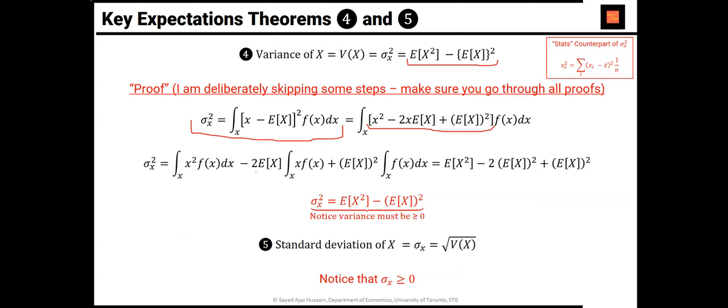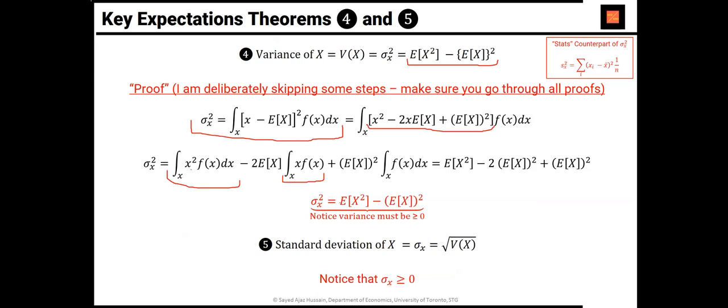And now you have to be careful. This is nothing but the expectation of x. So expectation of x times expectation of x, minus 2 expectation of x squared, plus expectation squared, gives you the expectation of x squared minus the square of the expectation of x. That's exactly what you see.